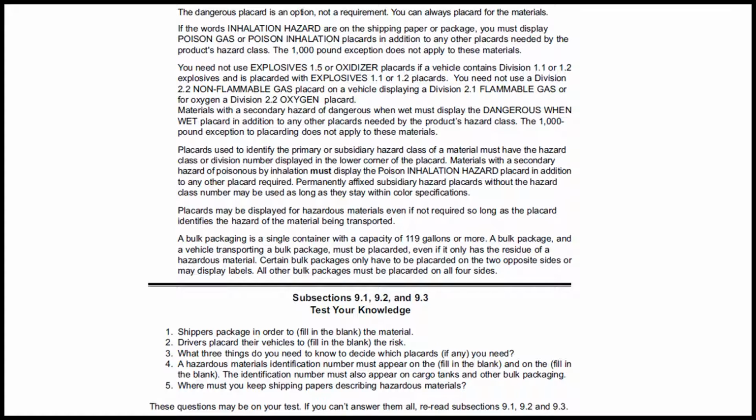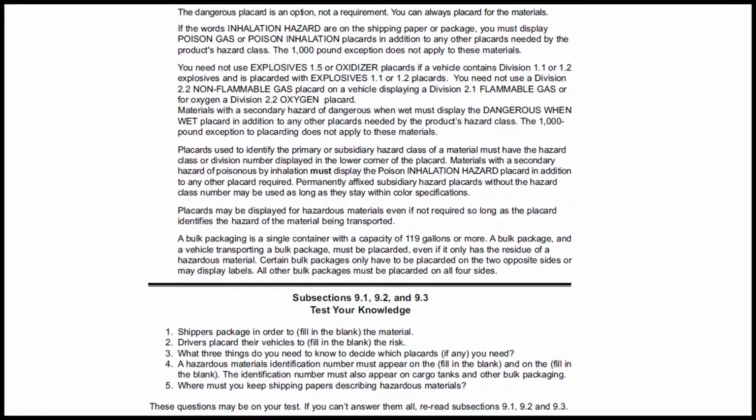You need not use explosives 1.5 oxidizer placards if a vehicle contains Division 1.1 or 1.2 explosives and is placarded with explosives 1.1 or 1.2 placards. You need not use a Division 2.2 non-flammable gas placard on a vehicle displaying a Division 2.1 flammable gas, or for oxygen, a Division 2.2 oxygen placard.